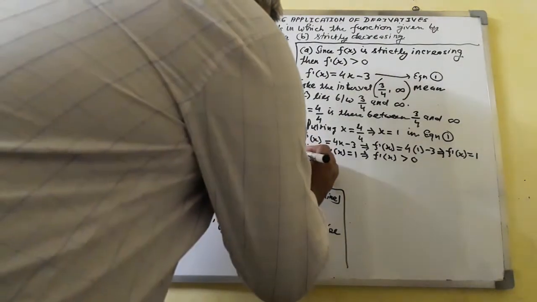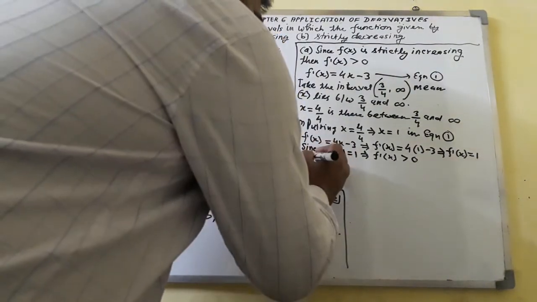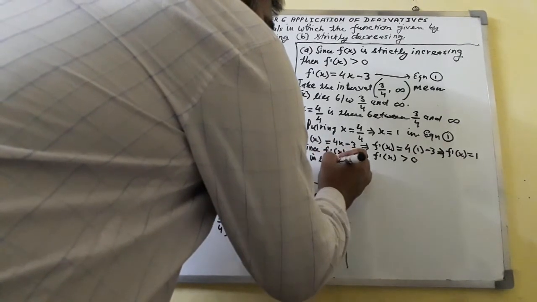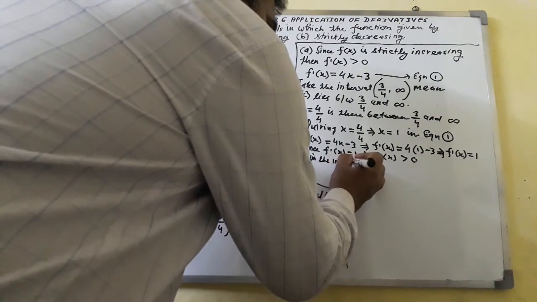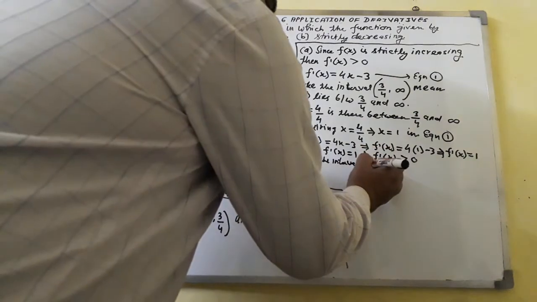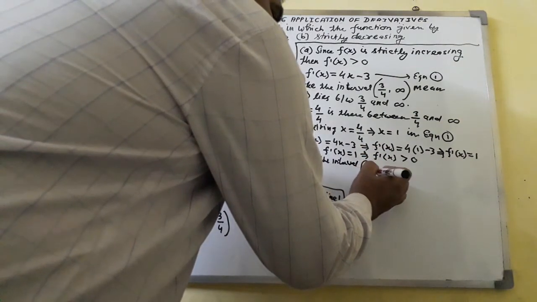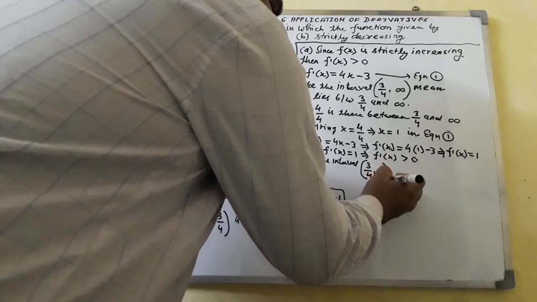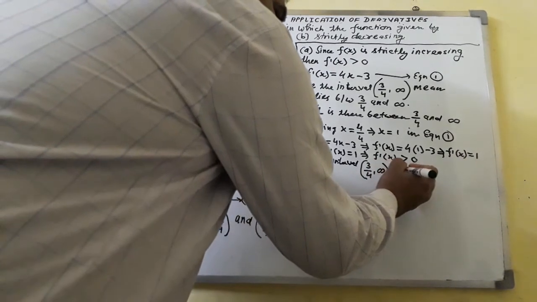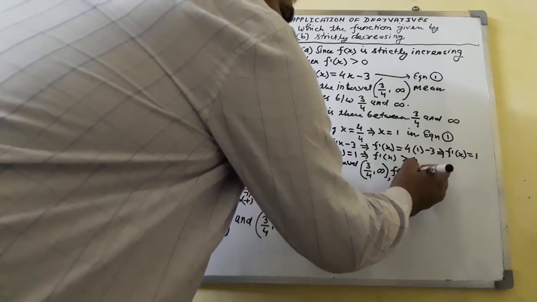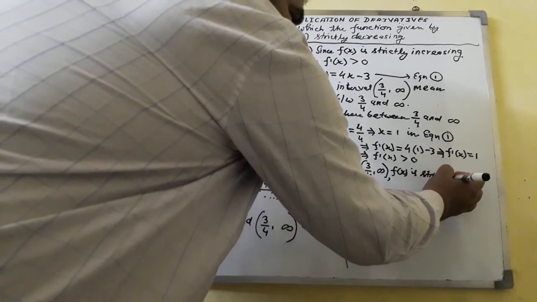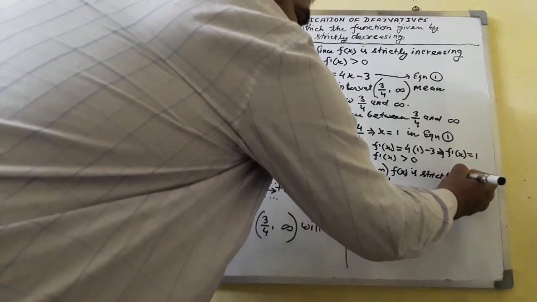So here I shall write, so in the interval open interval 3 over 4 comma infinity, f of x is strictly increasing.